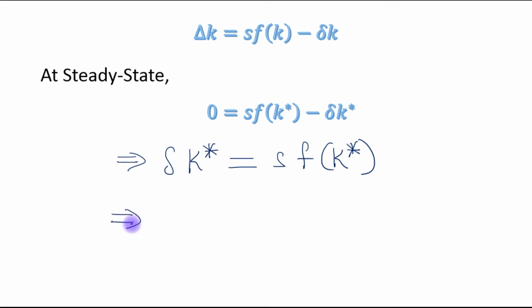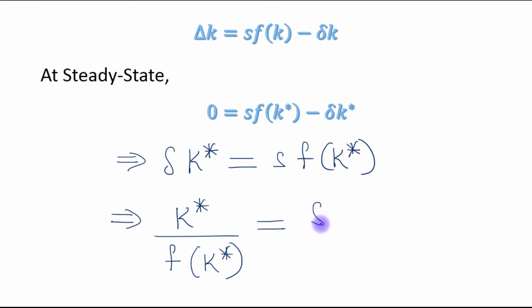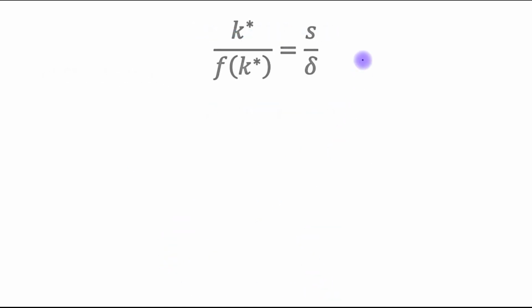Next step, K star upon F(K star) equals s upon delta. So at steady state, this equation is satisfied. This one.